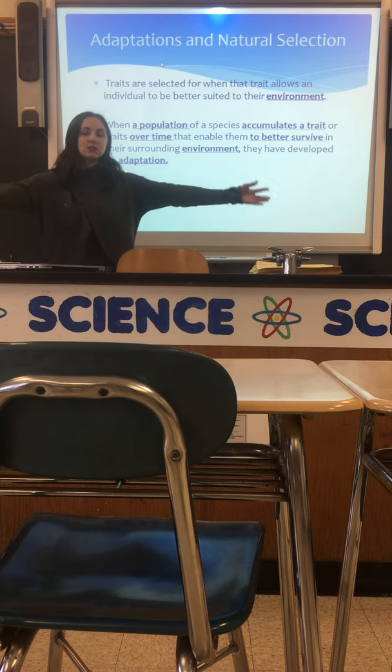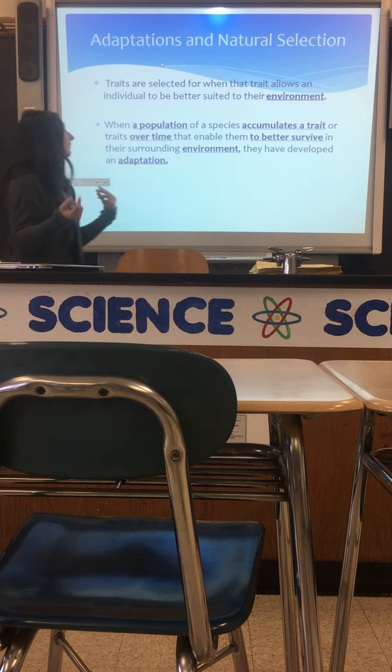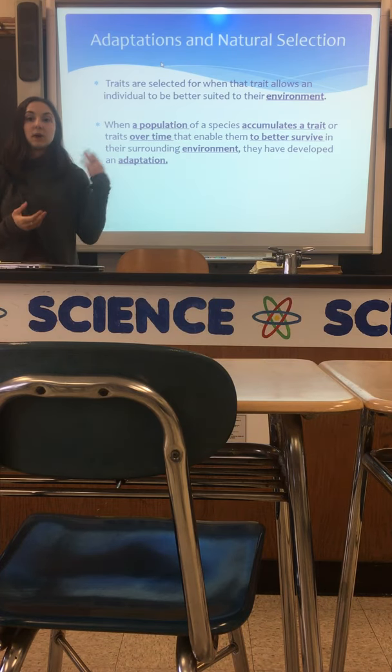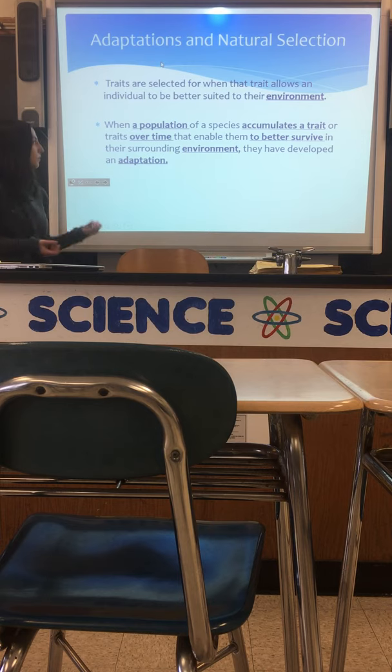So adaptations and natural selection. Now we have to bring this together. Traits are selected for when that trait allows the individual to be better suited to their environment, right? That's what makes an adaptation an adaptation. They're better adapted, they're better suited to their environment. When a population of a species accumulates a trait over time that enables them to be better suited to their environment, they have developed that adaptation.